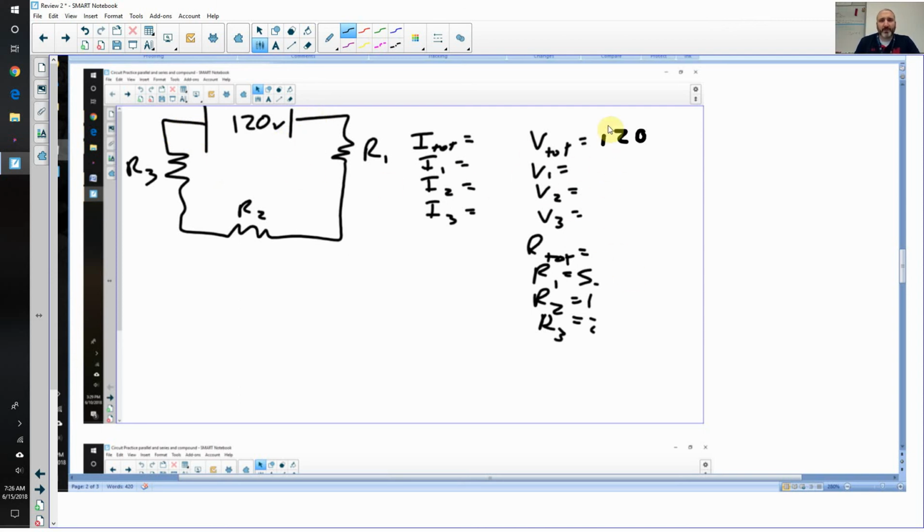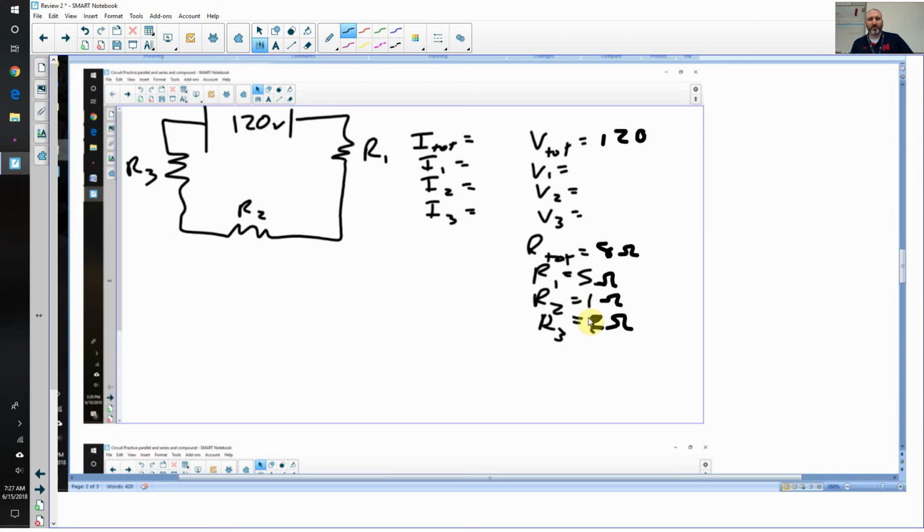So in order to figure out the total resistance to get the total current, we have to add the three resistors together. So we know R1 is 5, R2 is 1, and R3 did not get drawn nicely, but 2. So 5 plus 1 plus 2 ohms, last time I checked, is 8 ohms.